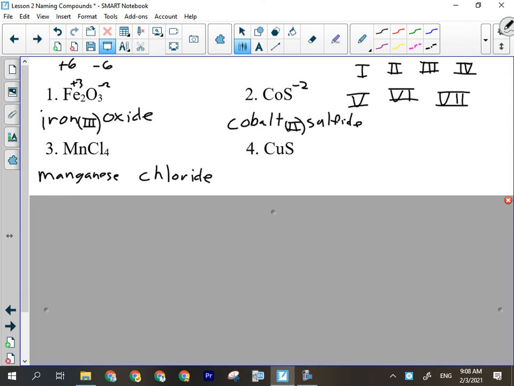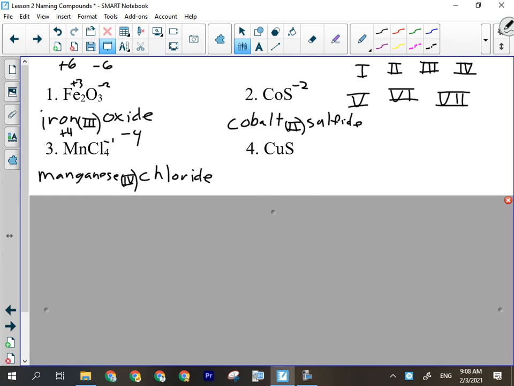What's always the charge on chlorine? -1. There are 4 chlorines, so I have 4 negative charges here. I only have 1 manganese to get 4 positives from, so the manganese must be the manganese with the 4+ charge. And so this is manganese IV chloride.